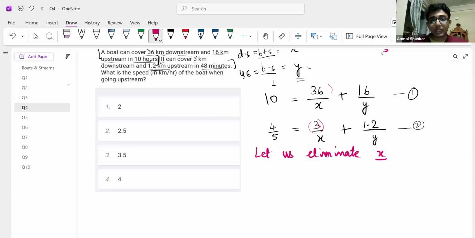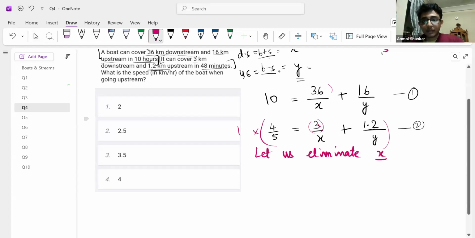So if we multiply this full equation by 12, and then subtract. Let's do it one by one.